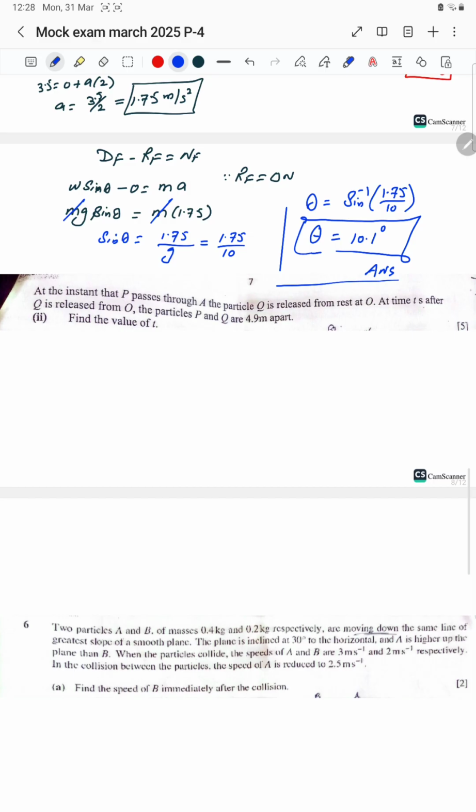Let's proceed to the second part of the same question. At the instant P passes through A, the particle Q is released from rest. It means the condition is that when particle P comes here, then Q starts from O. This is A. We have already calculated theta as well.